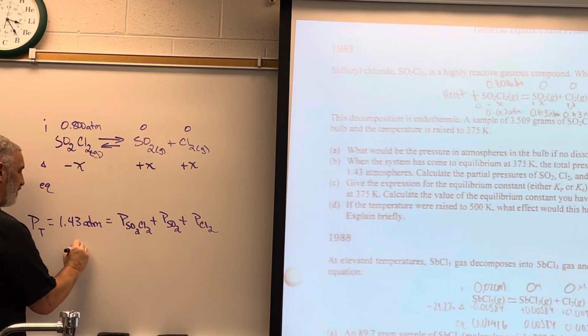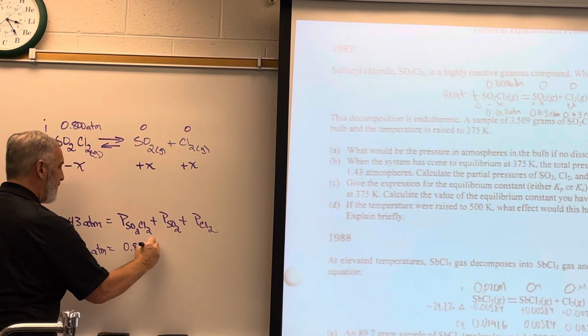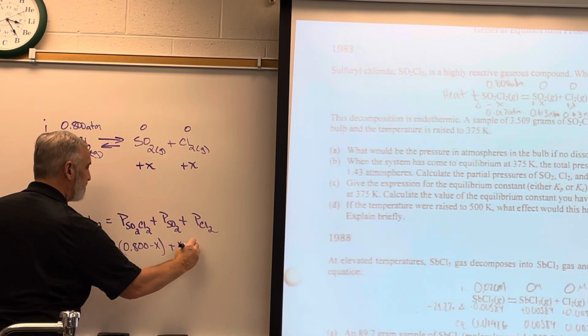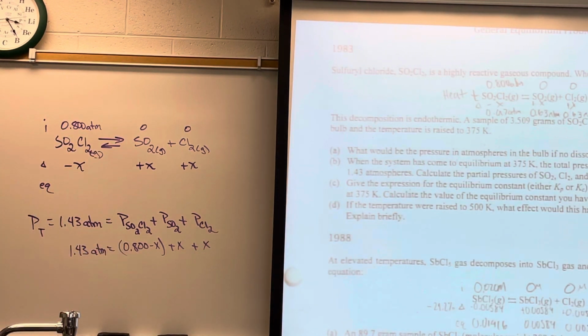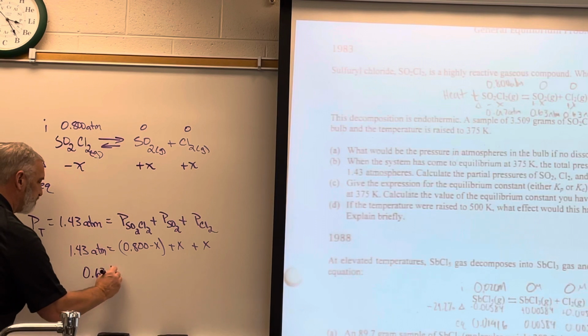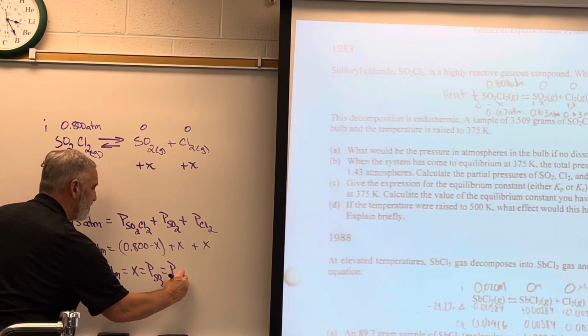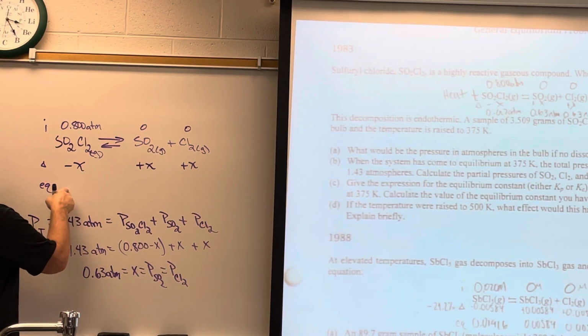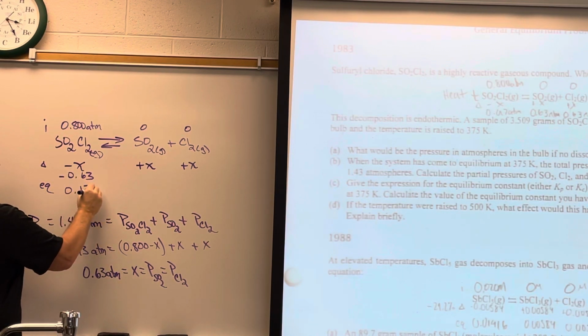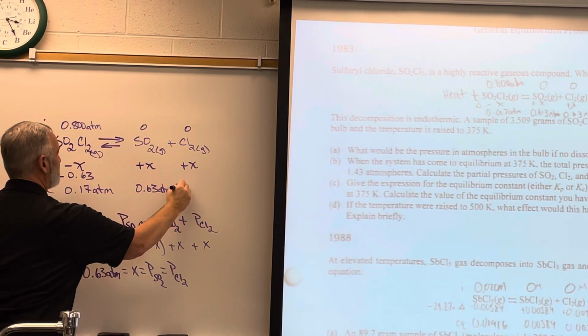So we know now that 1.43 is going to equal 0.8 minus X plus X plus X. One of the X's cancel, so you just subtract. So 0.63 is equal to X, which is equal to the pressure of the SO2, which is equal to the pressure of the Cl2. Well then, at equilibrium, this is going to be minus 0.63, so this is going to be 0.17 atmospheres. This one's going to be 0.63, and this one's going to be 0.63.